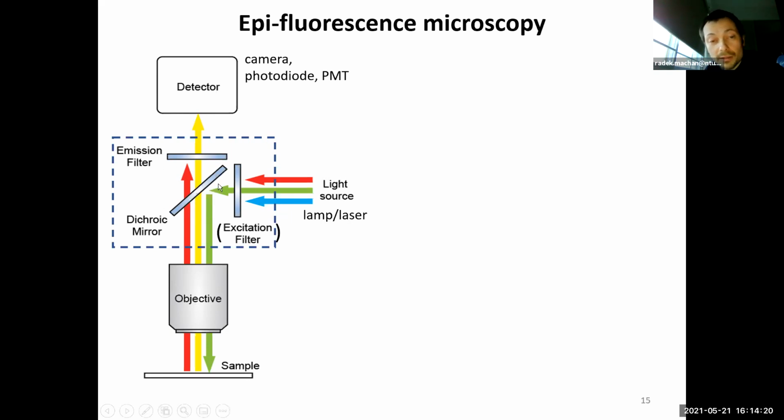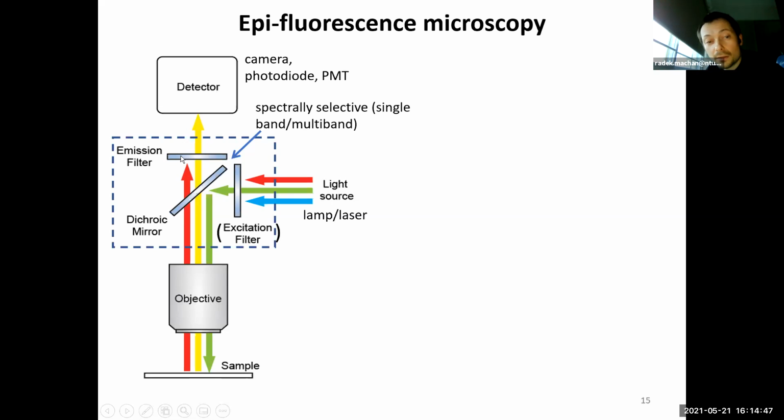So this is a spectrally selective mirror, which is designed in such a way that it reflects the excitation light to the objective, and then the fluorescence, which has a longer wavelength than the excitation, will go through the dichroic mirror.